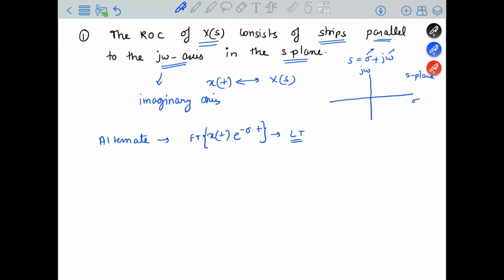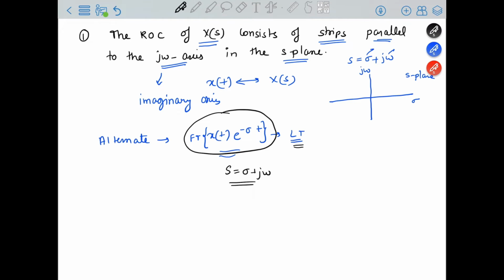So from this intuition we can say that the ROC of X(s) consists of those values of s equal to sigma plus j omega for which the Fourier transform of this function will converge. So especially we want those s values for which this expression converges. Then only the Laplace transform will be defined.